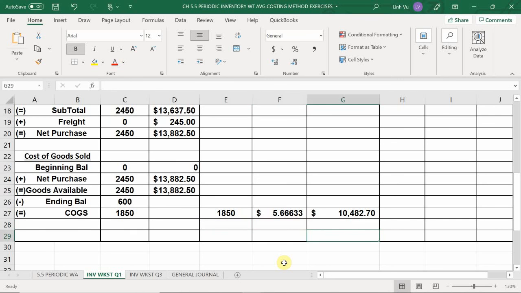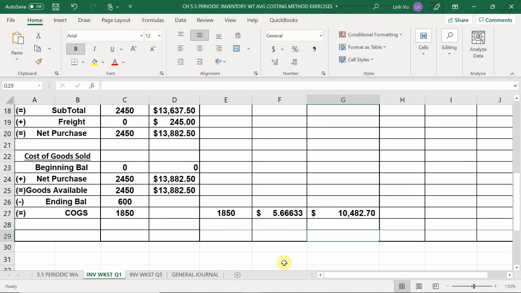Now, of course, with any company that you work with, if they tell you that you're going to round to the nearest penny when calculating your cost of goods sold, it's going to be a little more difficult. If you round your numbers early, you're going to notice that when you solve for your ending inventory, you cannot use the method where you take your ending inventory and multiply it by the actual average cost per item, because that's going to give you a rounded number.